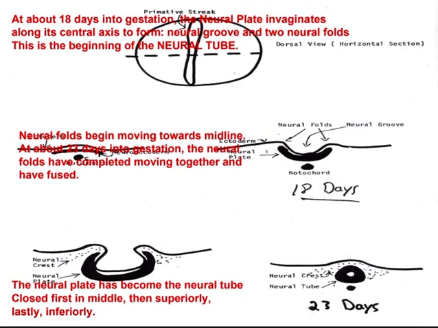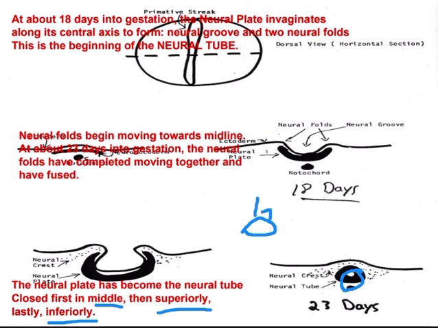It closes first in the middle, and this is important because we're going to talk about one condition. The neural tube will first close at the middle, then superiorly, and later inferiorly. The last is inferior.